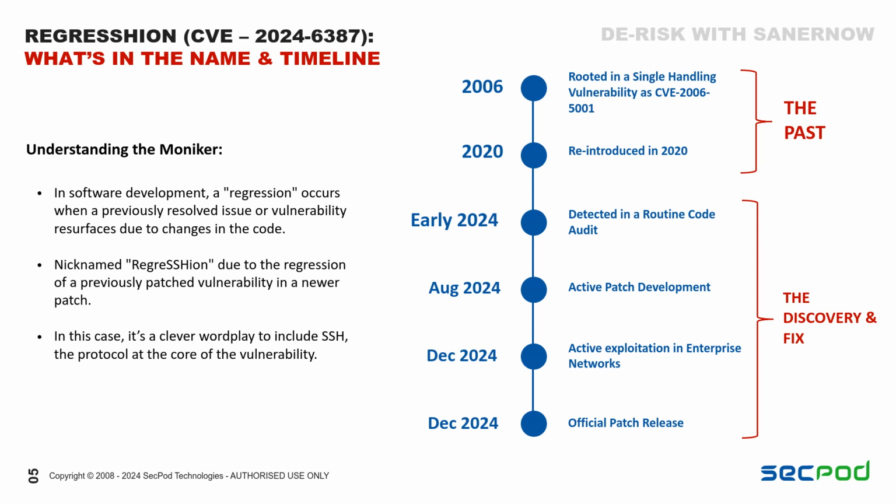Again, I'll go back to the core point: first, ensuring that you have the right processes in place so that you don't introduce already resolved bugs back into the environment. But do you also have the capability to continuously identify vulnerabilities day in and day out in real time? That's where tools like SanerNow, which comes with the concept of continuous vulnerability exposure management, become a lot more critical.